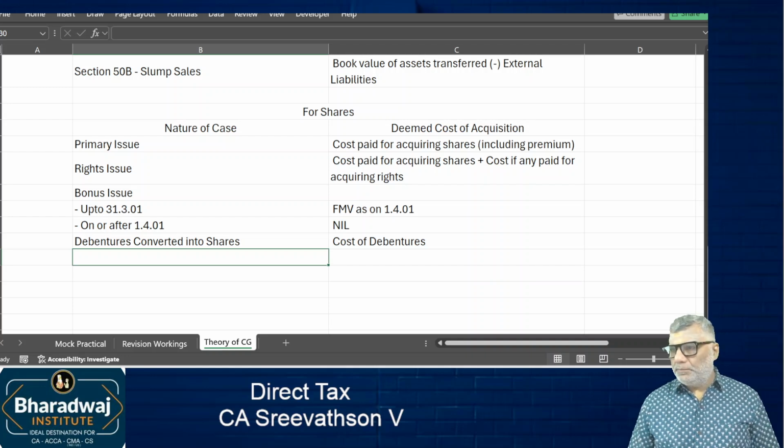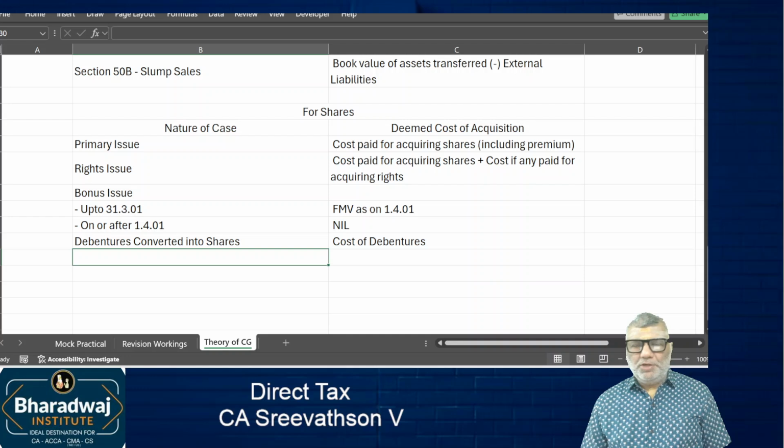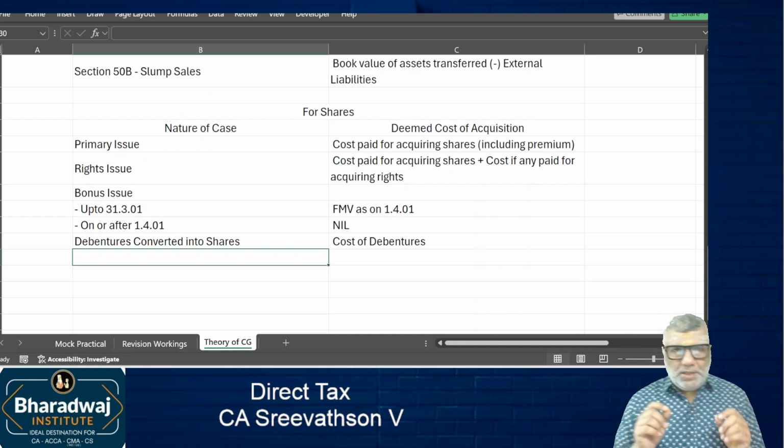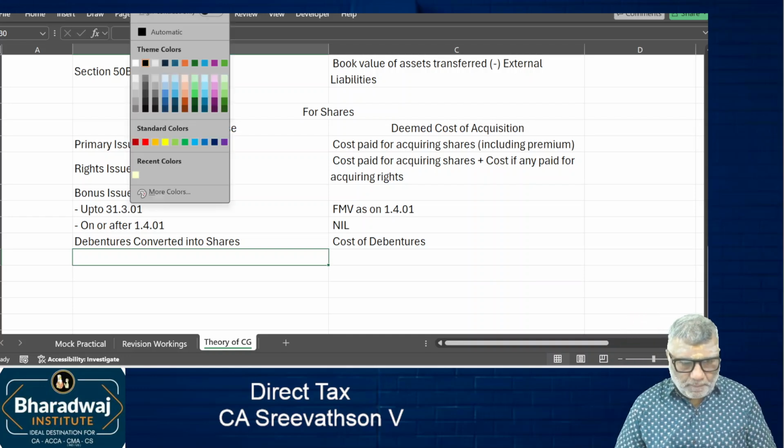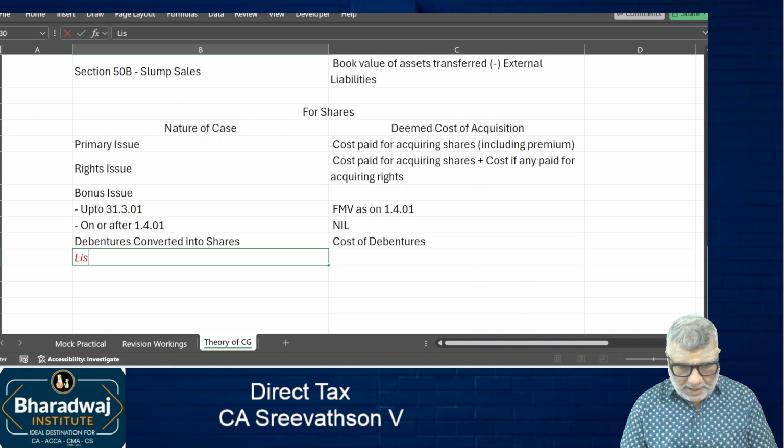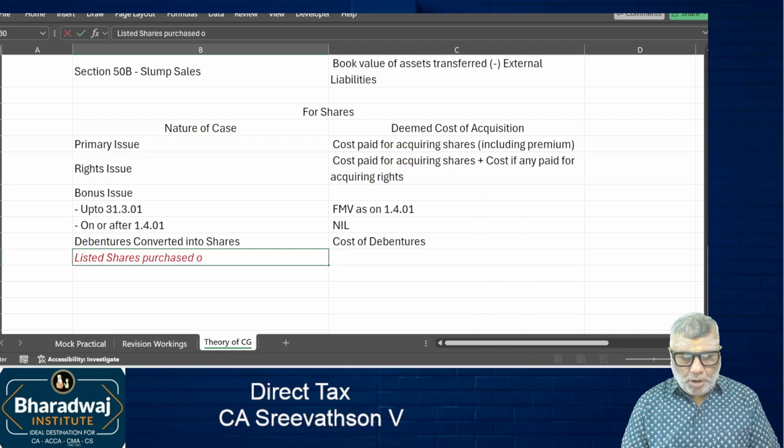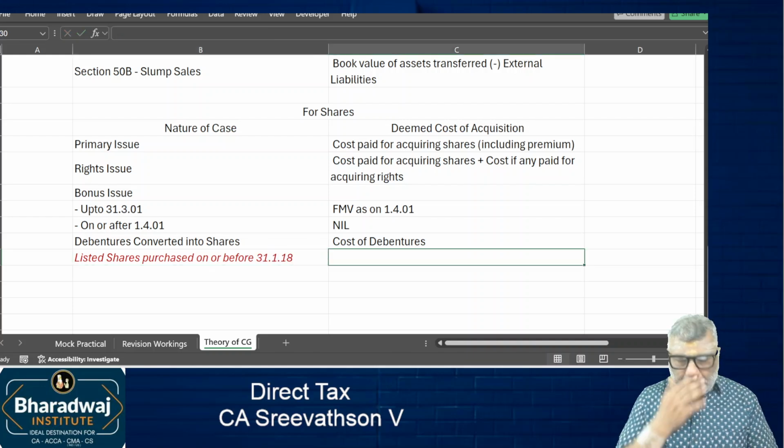Am I clear? Okay. If debentures converted. Now, this is exclusively for listed shares purchased on or before 31/1/2018.